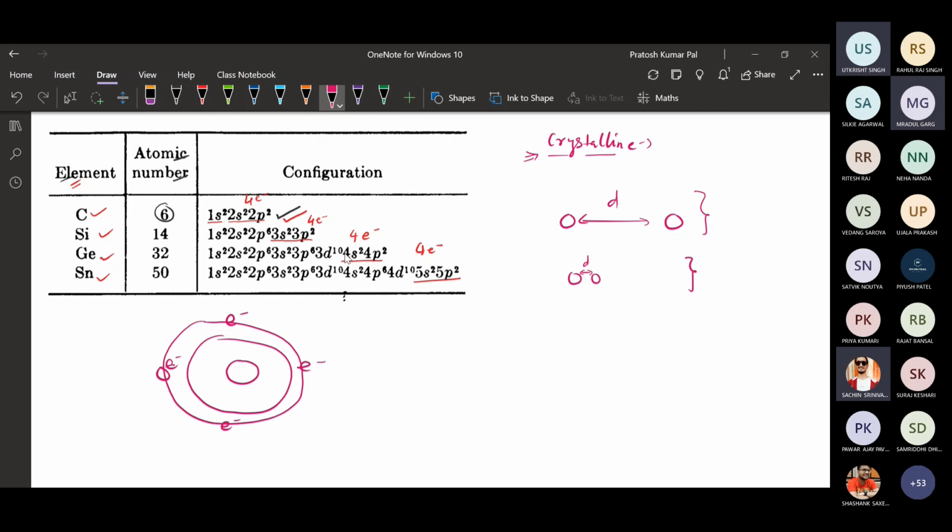Instead of these 4 electrons, whatever inner electrons are there, these inner electrons will not be affected. Suppose one atom is there, and another atom is there, and it also has 4 outer electrons.